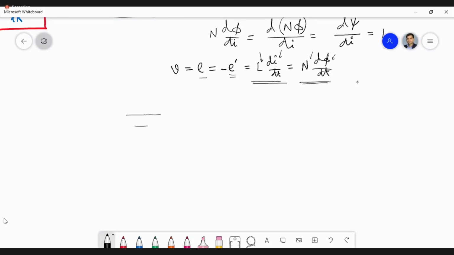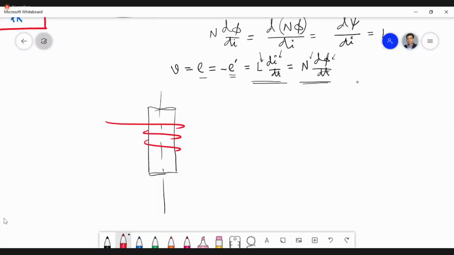So how can we make this thing? Let's see. Suppose we have a piece of iron like this, and we have a coil wound on it, and this coil is carrying some current.